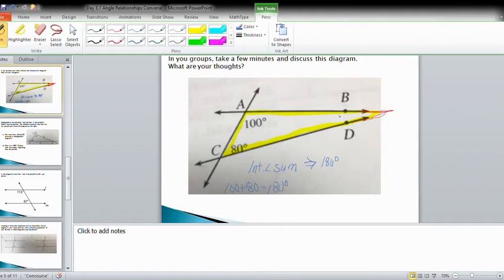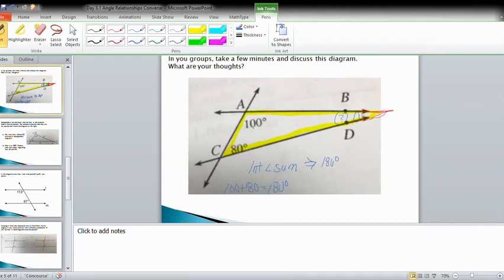What would that angle be then? If these two are 180, that would make this angle 0 degrees. Is that possible? No, it is not, right? We cannot have an angle that's 0 degrees in a triangle.